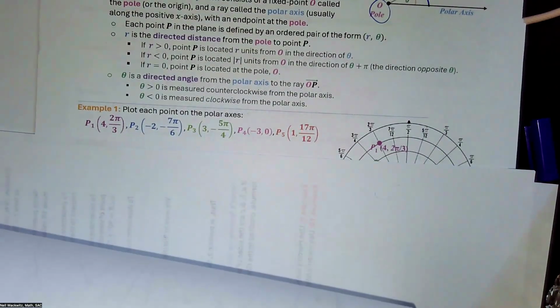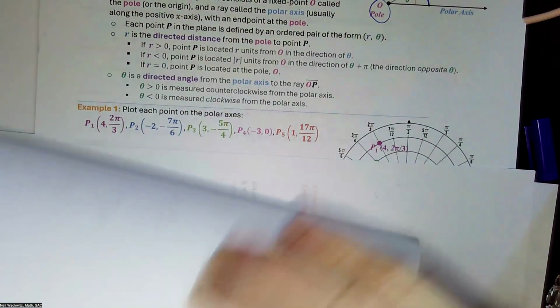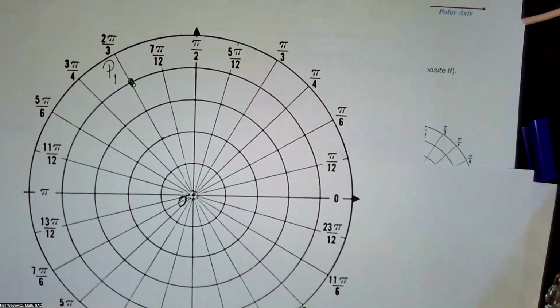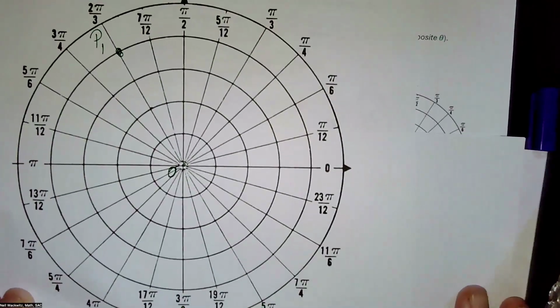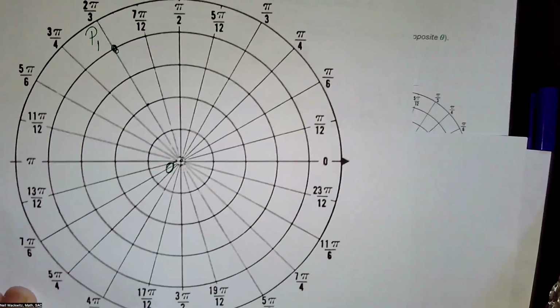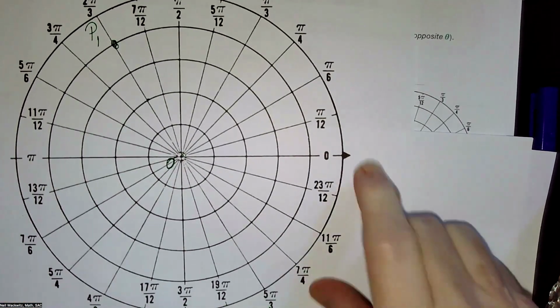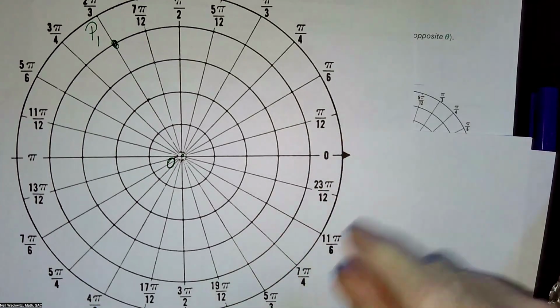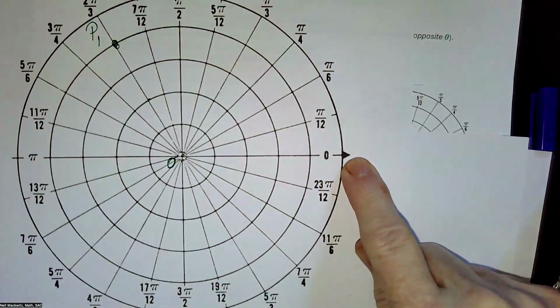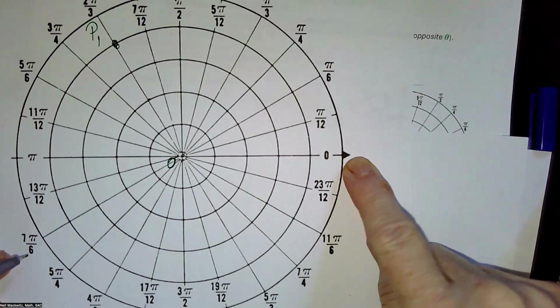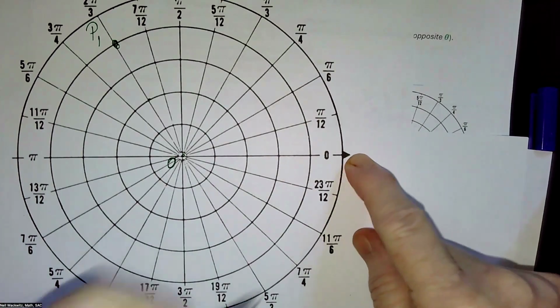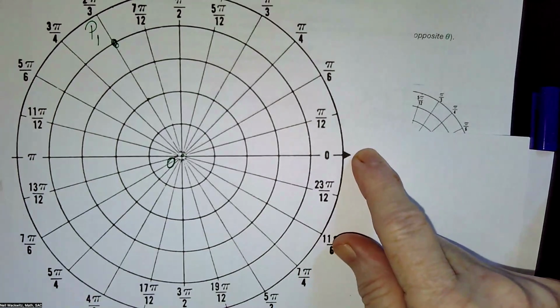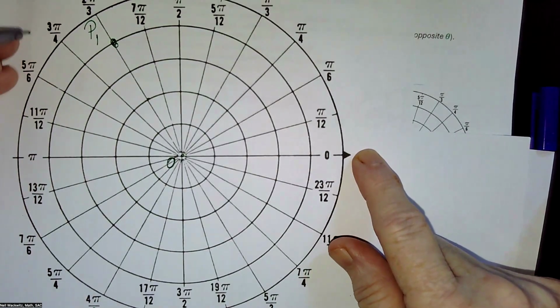P2 is -2, -7 pi over 6. So the first thing I need to do is find -7 pi over 6. And I just want to think, where is +7 pi over 6? It's in the third quadrant. So if I'm looking at -7 pi over 6, it'll be in the second quadrant.